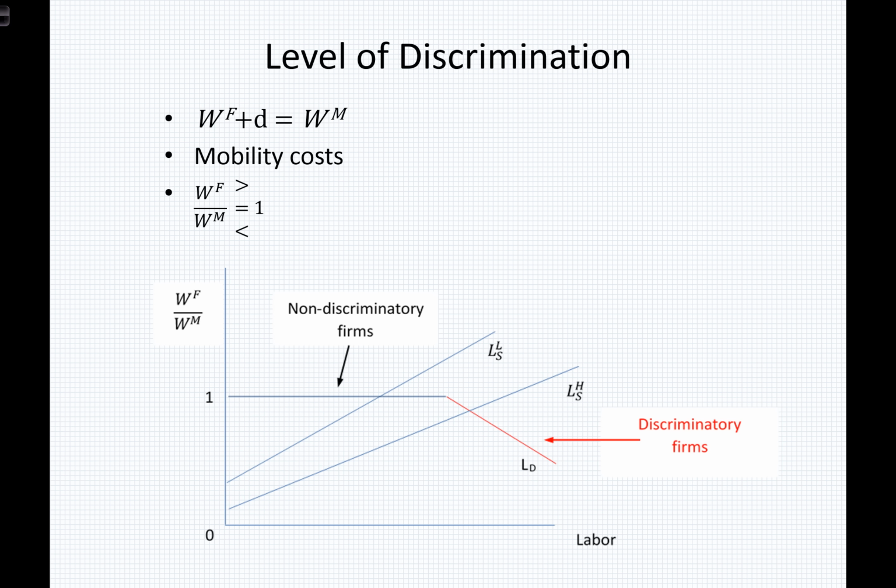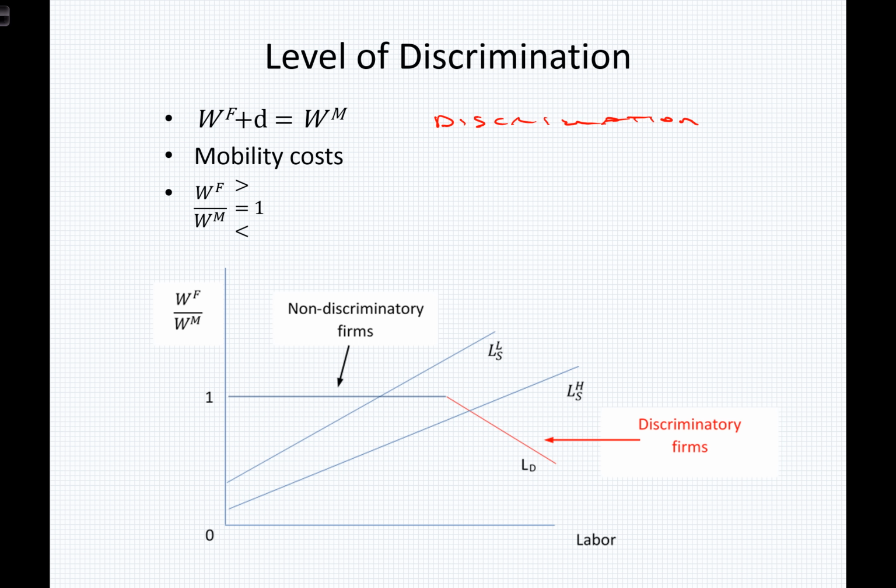So as we talk about the wage of the female plus some D, here D is discrimination, and it's a discrimination value in dollars. So the wage of the female plus D equals the wage of the male, the wage of the male being a full wage representative of marginal revenue product of labor, not being representative of any discriminatory practices.